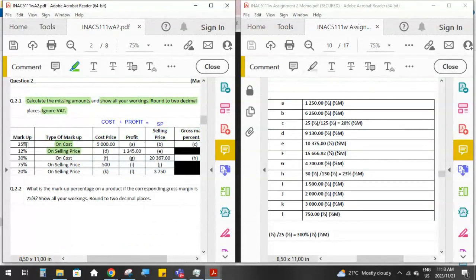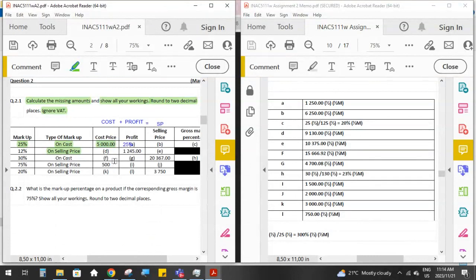Okay, our markup is 25%. So we go straight to the profit column, and we know that our profit is 25%. Okay. Then the next thing we want to know is 25% of what? Is it 25% of cost, or is the profit 25% of the selling price? Here they said the profit is going to be 25% of the cost price.